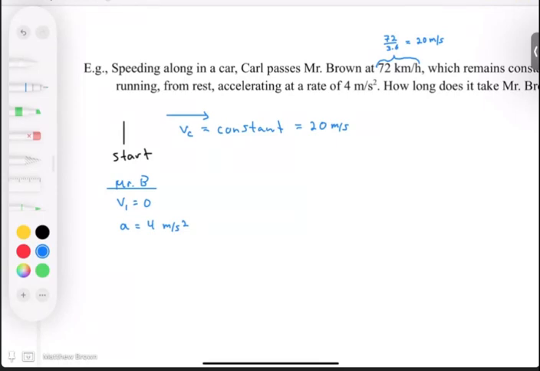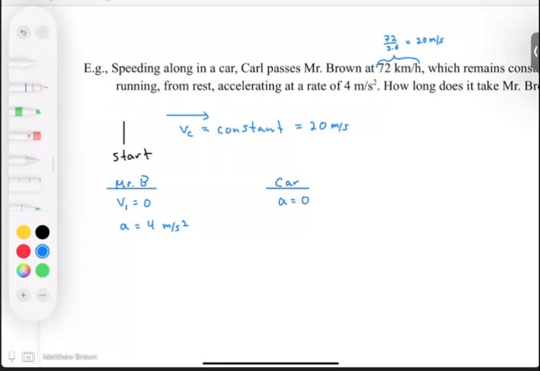And in the other case, when we look at the car here, or Carl, we know the acceleration is 0. It's moving at a constant speed. And that's about it. Starts at the same time.